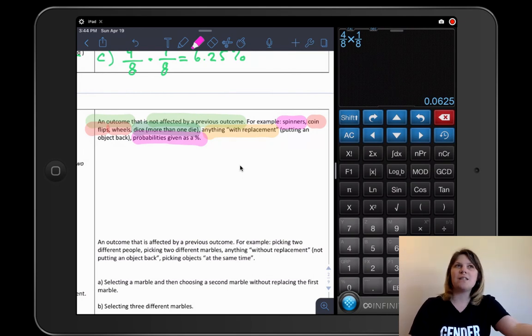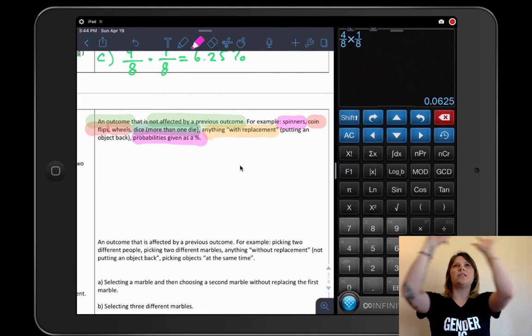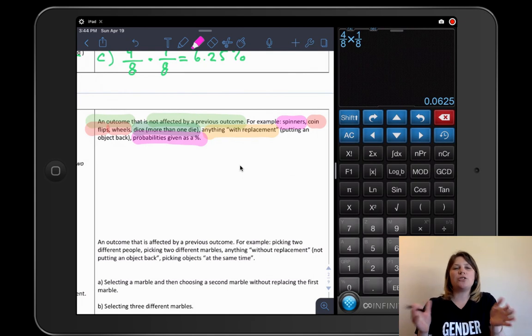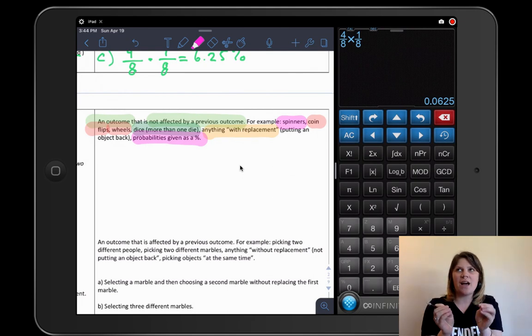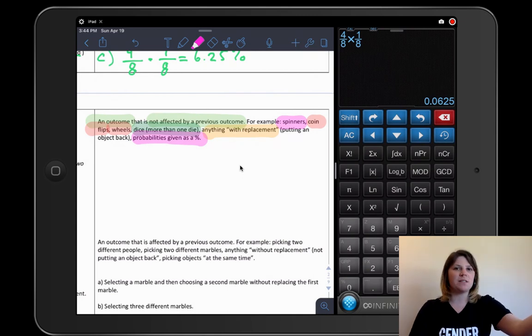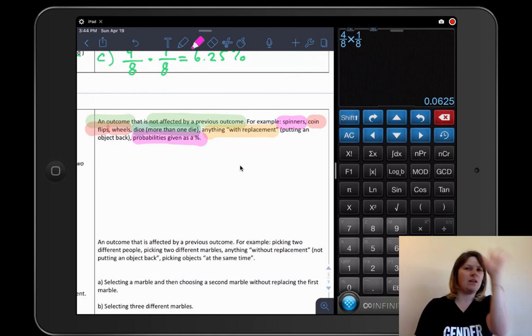It means that I have averaged a scenario, so I don't actually have objects. I just have a concept of the ratio of how many times something happens or doesn't happen. So that's why we don't consider it to be dependent. Although in pre-calc, you might see some situations where it is dependent. For us, if it's a percent, it's independent because it's an average and it doesn't change.